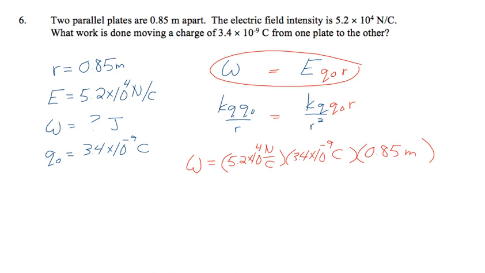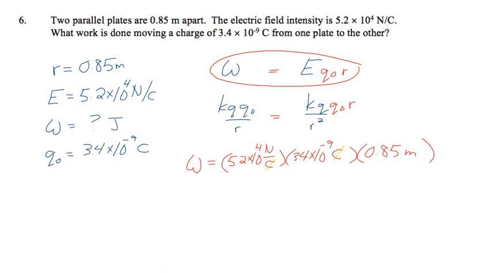What's great about these problems is I'm going to be able to check my work by looking at the units and seeing if I do get joules, because I know work is measured in joules. If I look at this, the coulomb is going to cancel the coulomb, and that's the only thing that cancels, but I'm left with newton meters.